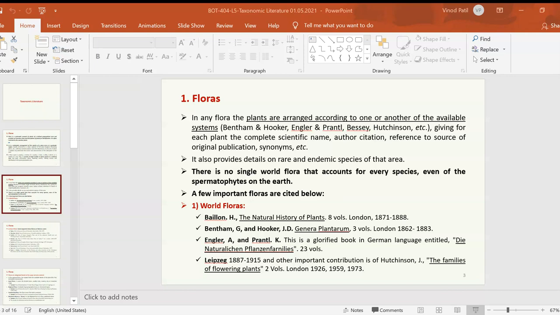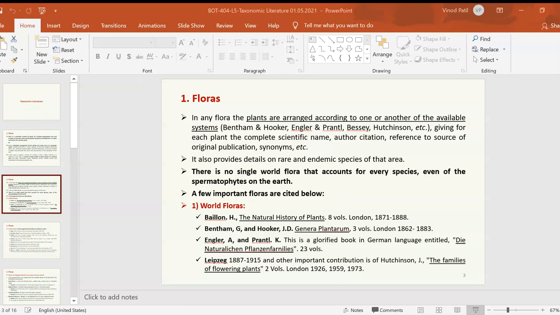So the floras may be different. Likewise, flora of India, flora of China, flora of Maharashtra, coming down, flora of a particular district, likewise. And a few important floras are here. World floras, likewise Babylon. So he gave the natural system of plants, the flora, in the name of the natural history of the plants in 8 different volumes, in Europe.